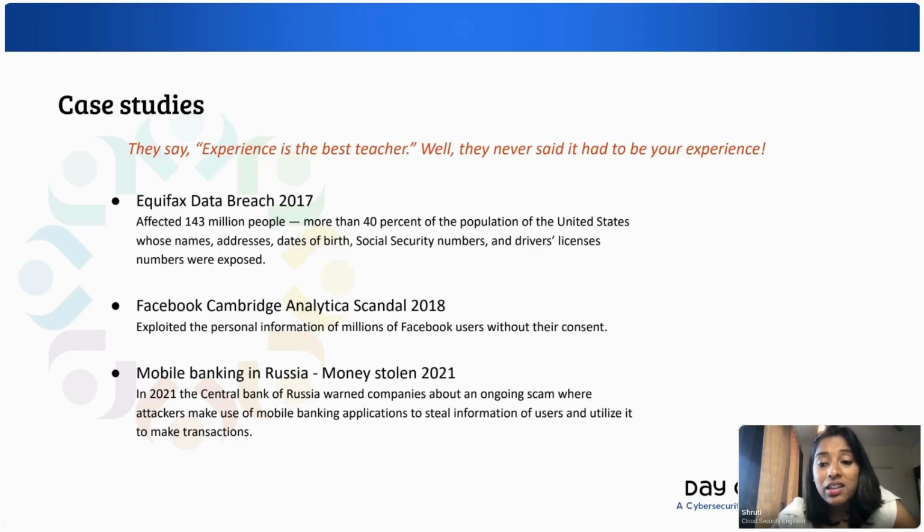In this attack, names, addresses, dates of birth, social security numbers, and driving license numbers were exposed, and a small subset of the records also included credit card numbers. So this is the impact.